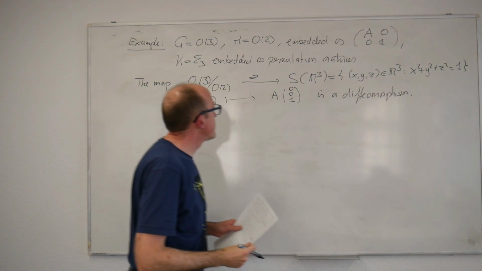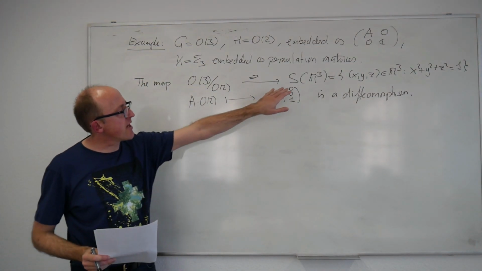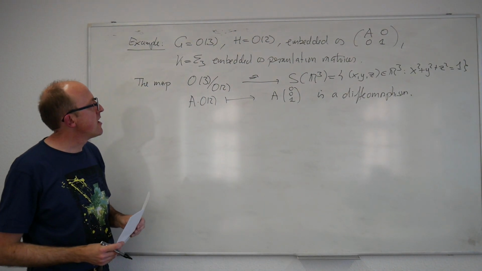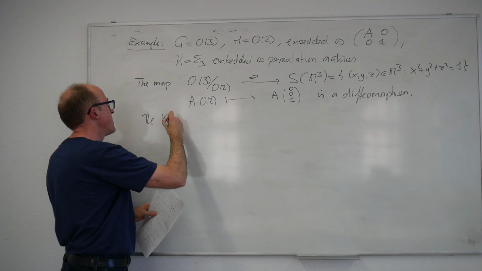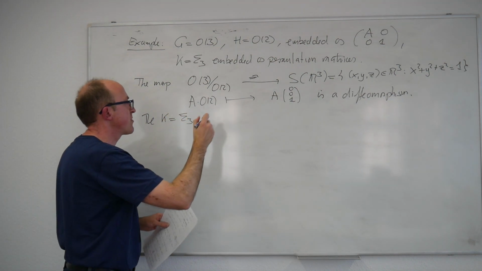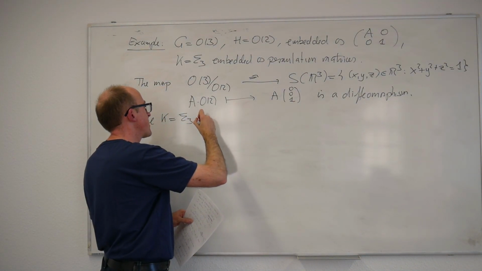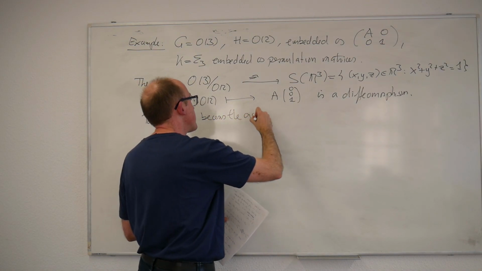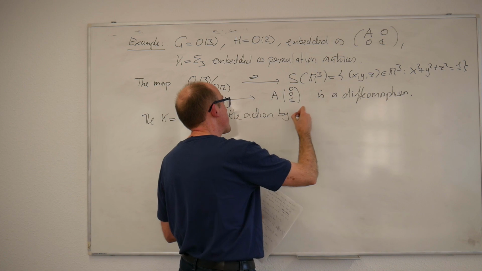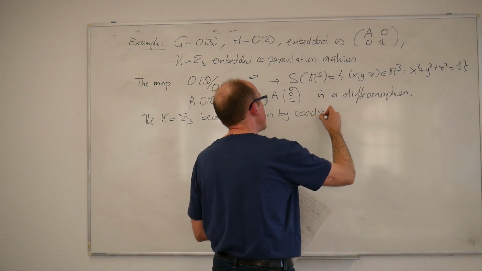And under this diffeomorphism, which is nice because then we can actually picture this homogeneous space, what does the K action correspond to? K equals sigma 3 action, it just becomes the action by coordinate permutations.